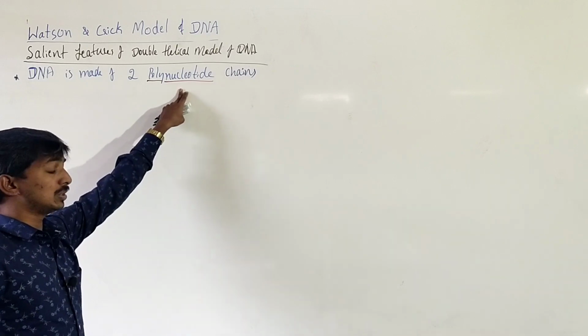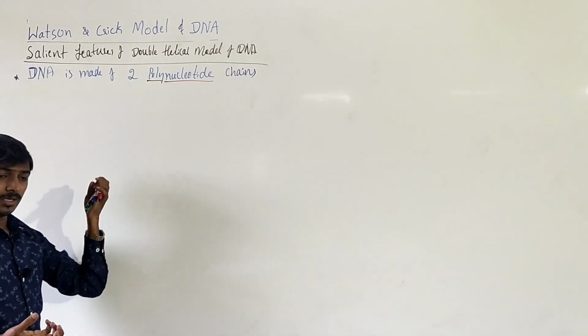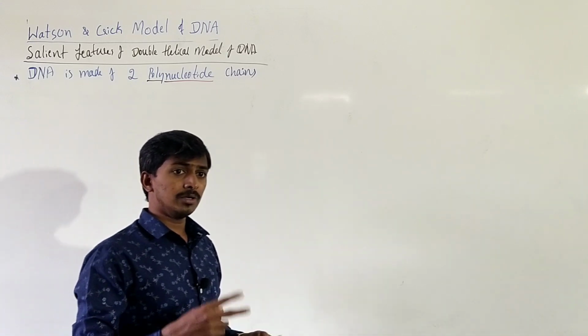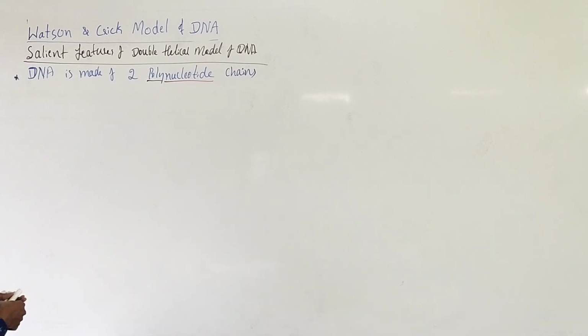We have discussed nucleotides and polynucleotides in previous classes. So our DNA, the Watson and Crick model, is made of two polynucleotide chains.